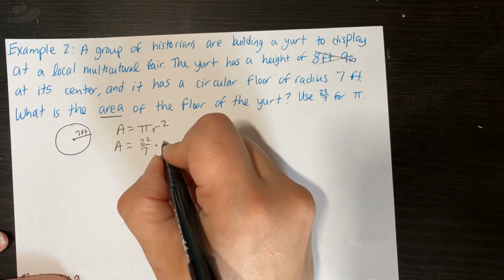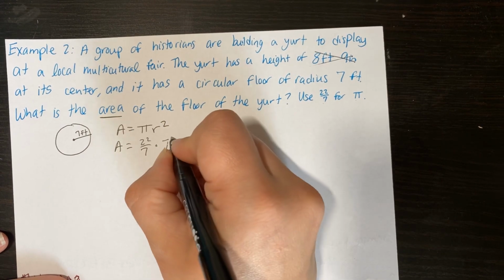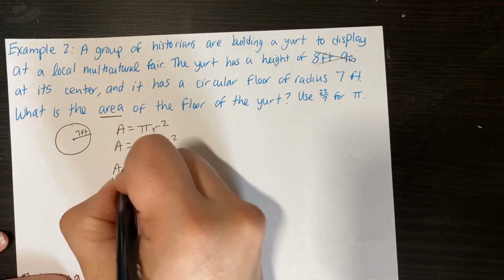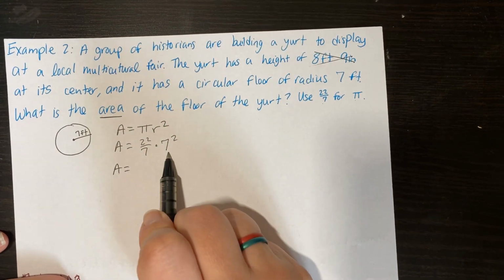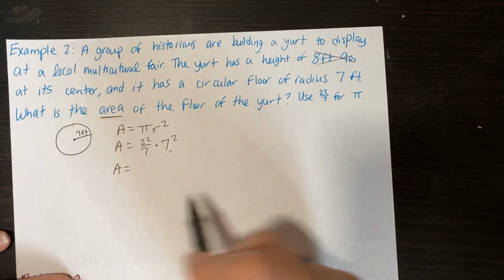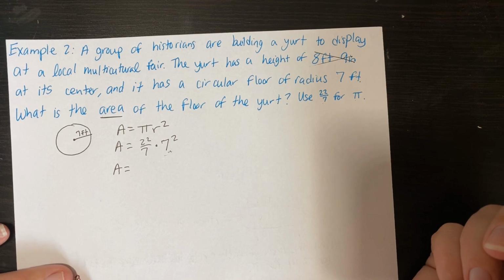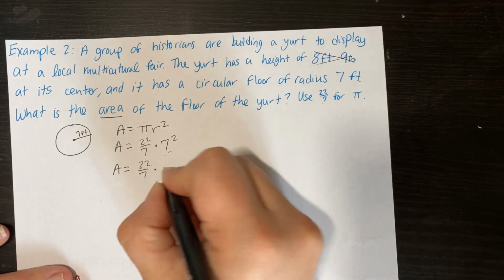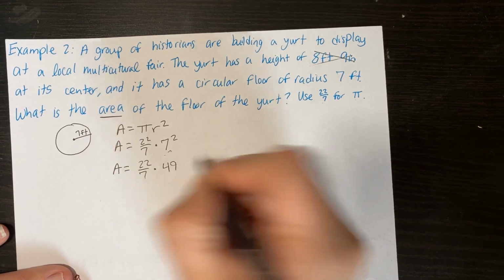For radius, we're going to do 7 squared. Now we're going to solve. So if we remember our order of operations, we have to do this first. We could plug this in our calculator, but it's going to actually be easier if we don't. So I'm going to do 22 over 7 times 7 squared is 49.